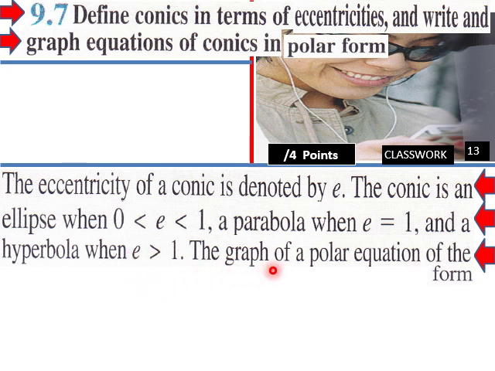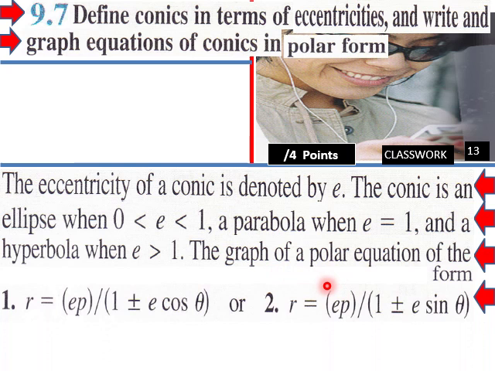The graph of a polar equation of the form like this, r equals EP over 1 plus or minus E cosine theta, or r equals EP over 1 plus or minus E sine theta.